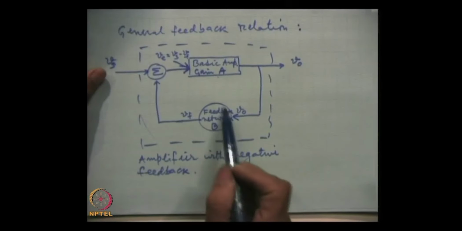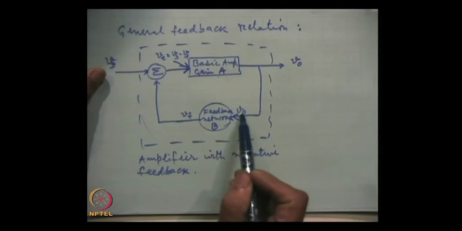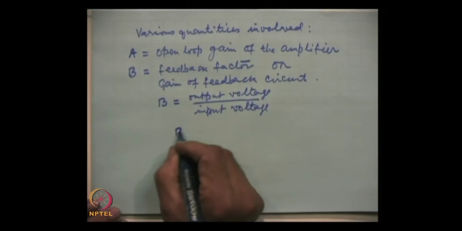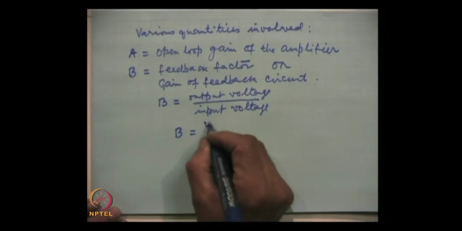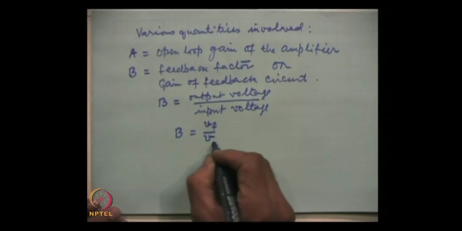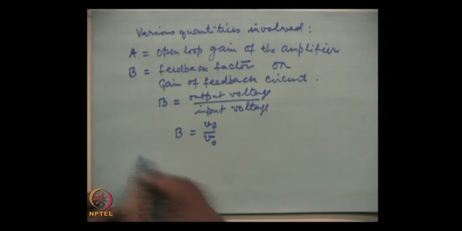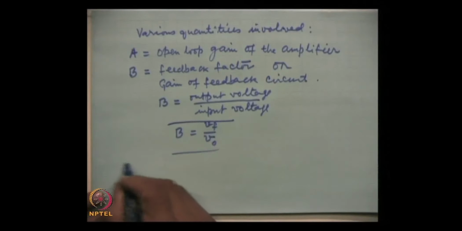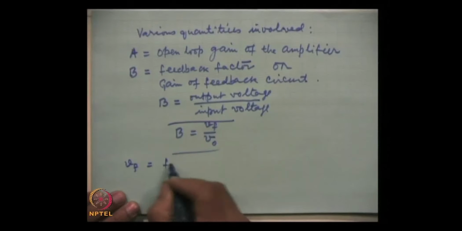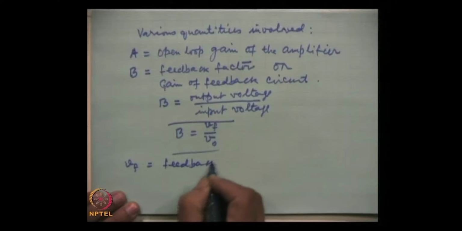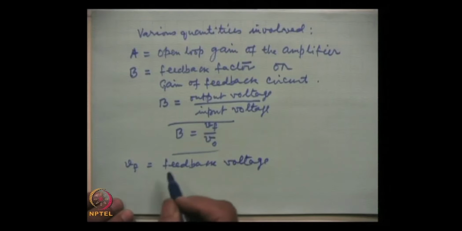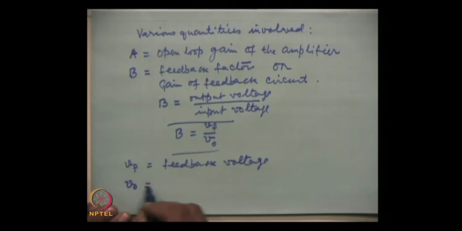Here V0 is the input to the feedback network, and output is Vf. Therefore, B is equal to Vf by V0. This is a very important relation you should remember, where Vf is the feedback voltage and V0 is the output voltage.